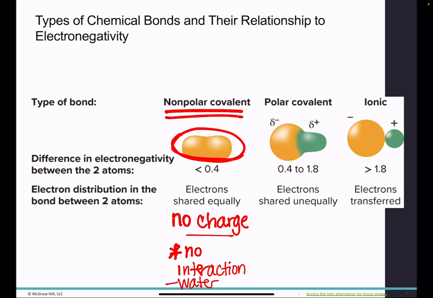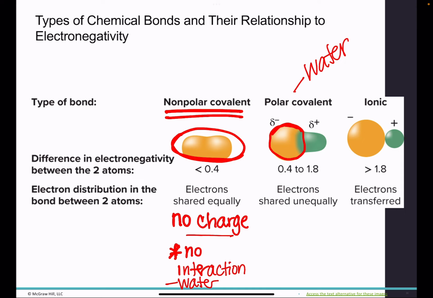In our polar covalent bonds, we get regions of partial charge. So one region is more strongly charged than the other, but the whole molecule maintains all of its electrons. Our example here is water and many of our other biological molecules, such as carbohydrates, proteins, and nucleic acids.